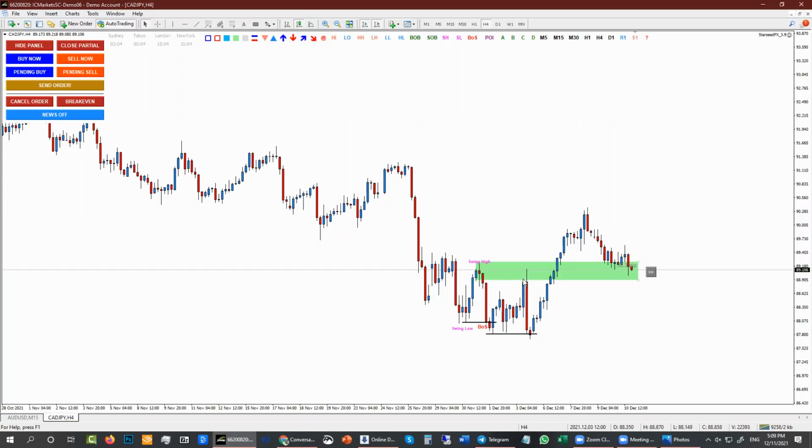Then he will just let go if he believes the market can go to a price level that can give him, for example, 1 to 40, 1 to 60. Sometimes when his entry is on H1, he can hold his trade for 1 month, 2 months. It doesn't matter because he's a swing trader.